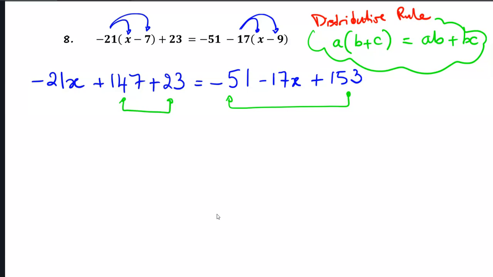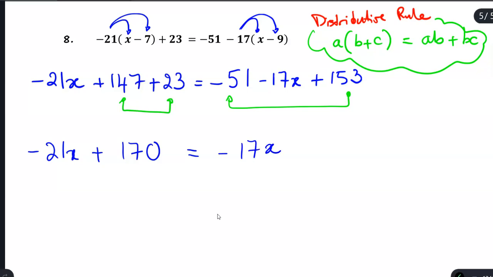So I will have negative 21x, and when these two combine, I should get 170. I should have negative 17x, and when these two integers combine, I should have positive 102. Use your calculator if you want to perform the operations of integers.